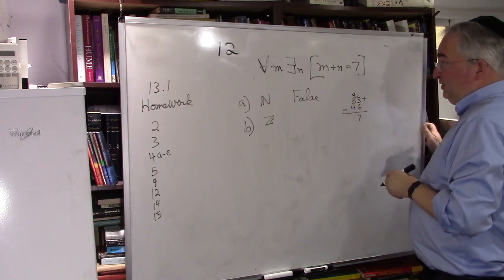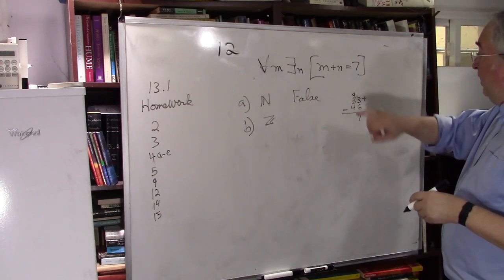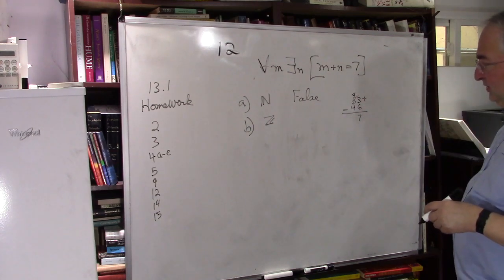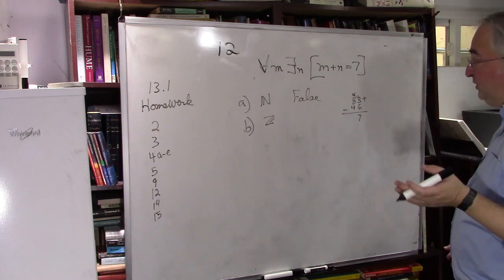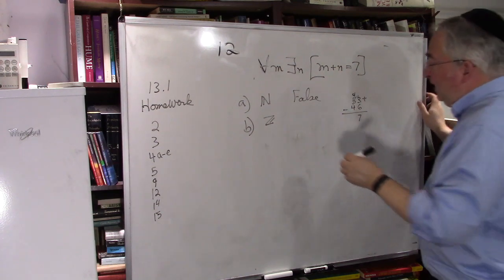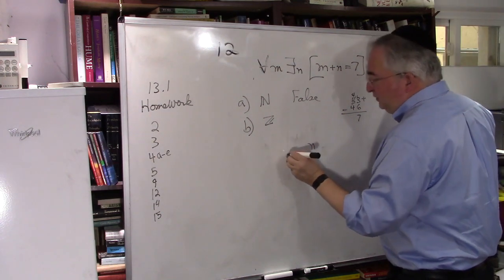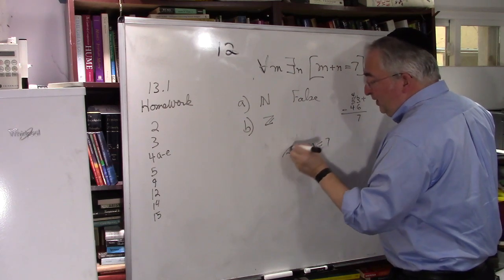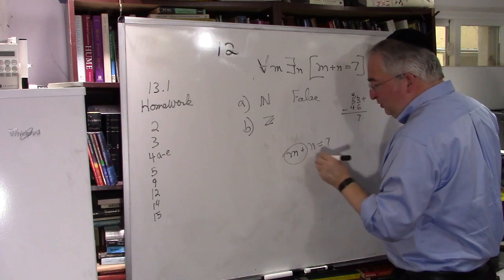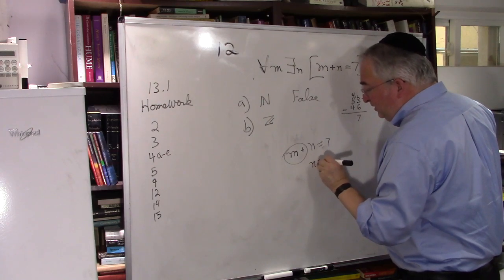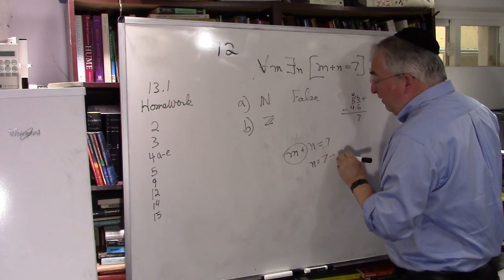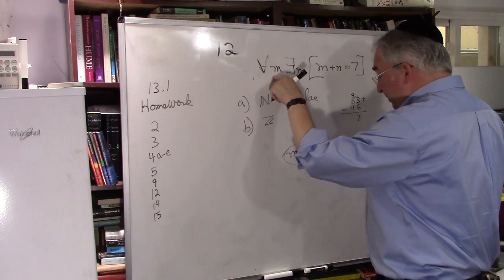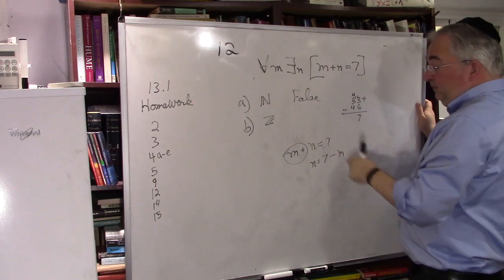So yes, 53 plus negative 46 is equal to 7. Take any number whatsoever, you're always going to find n. So m plus n is equal to 7; simply subtract m from both sides. So n is equal to 7 minus m. You give me a number m, and I will find an n for you. So this is true.